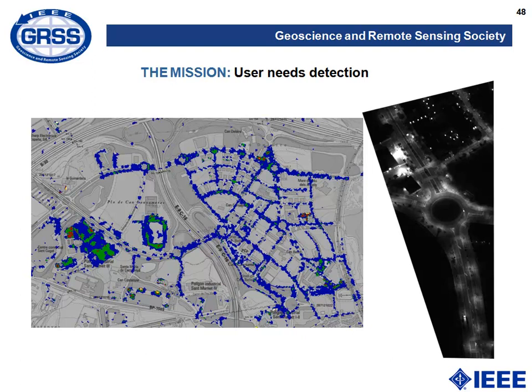The first example, which could or should be used as a summary of different concepts of this tutorial in terms of platform, sensor, and image, is focused on light pollution.